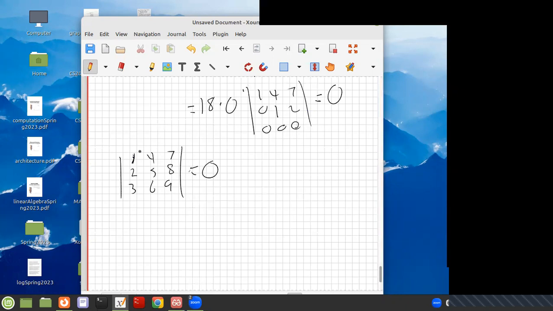You can take a row and alternate plus, minus, plus.